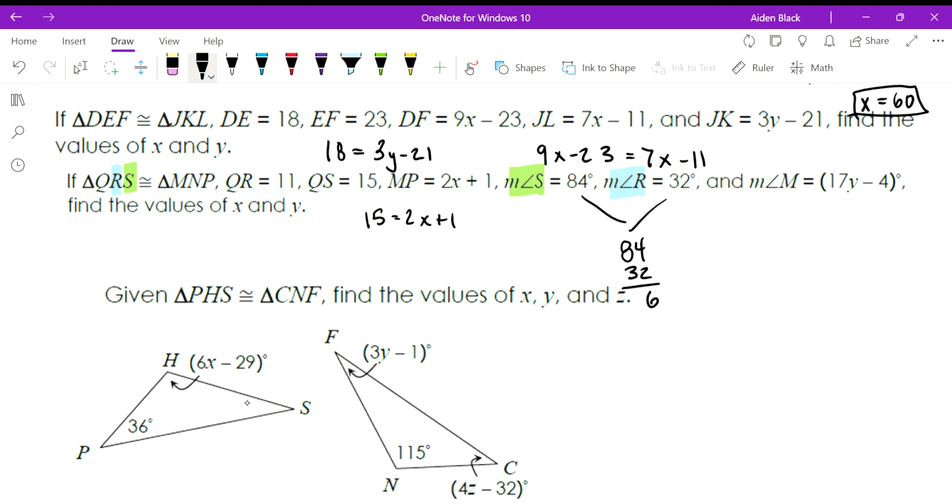That's 6, this is 11. So if I add those up, I get 116. So the remainder of the triangle should be 64. And that remaining angle is right here, angle Q. We haven't approached angle Q yet. So angle Q is 64 degrees.